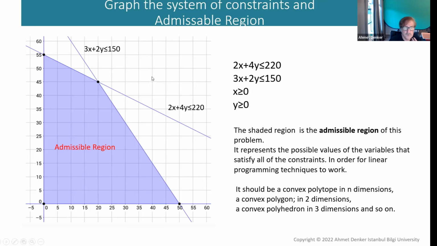Otherwise, you would have to cover the entire two-dimensional graphics. Because we have just started to learn these techniques, we are now confining ourselves to two-dimensional problems. That's why we have a performance criterion expressed in two variables. So it's going to be a two-dimensional problem.